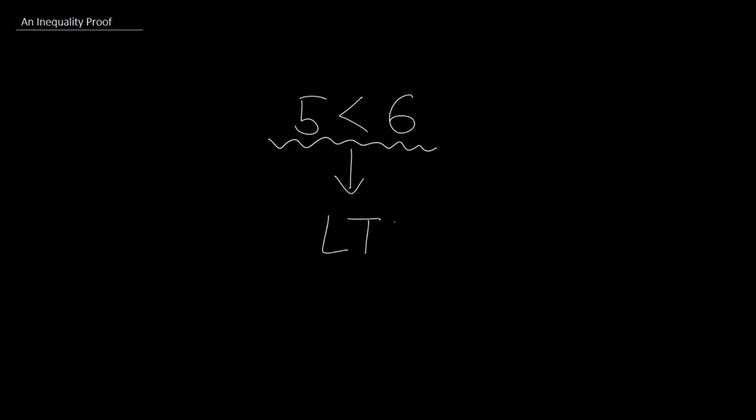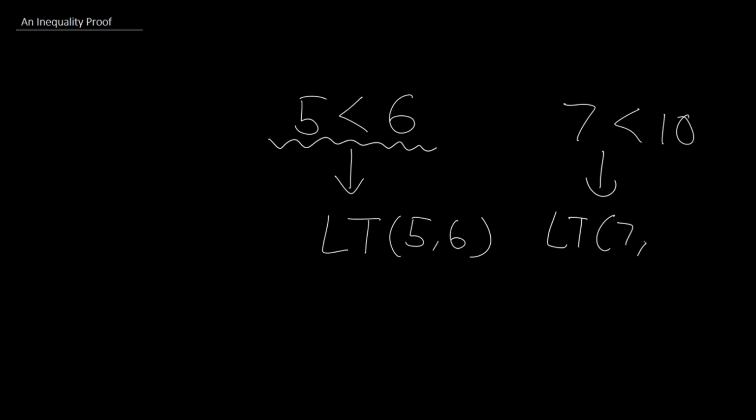But what you do is you attach brackets next to a symbol, and then you write 5 on one side and 6 on the other side. So you have LT with 5 and 6. So now our symbol reads 5 is less than 6. And it's easy to translate other statements into symbols as well, because if you have 7 is less than 10, we can just write that as LT 7 and 10 instead of giving it an entirely new symbol like Q or P or something like that.